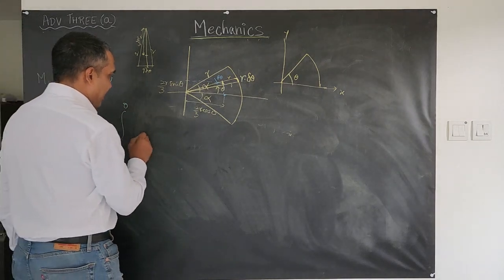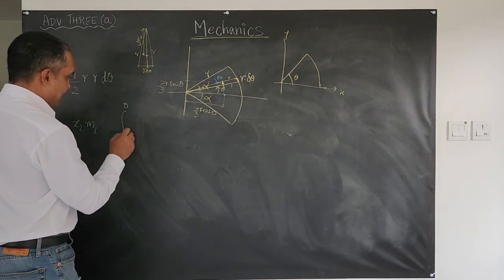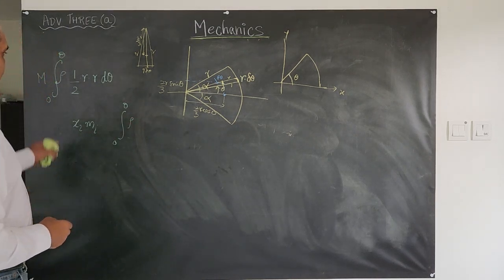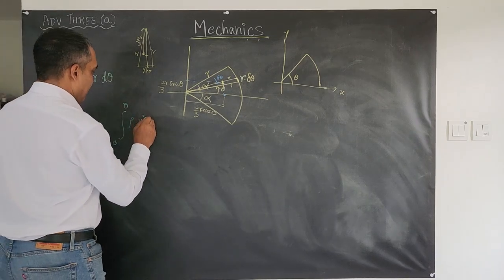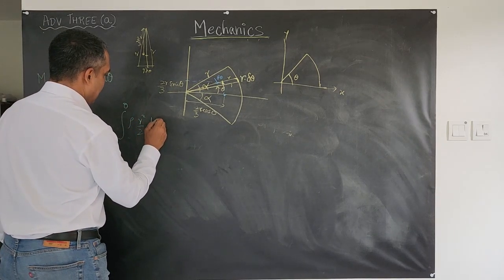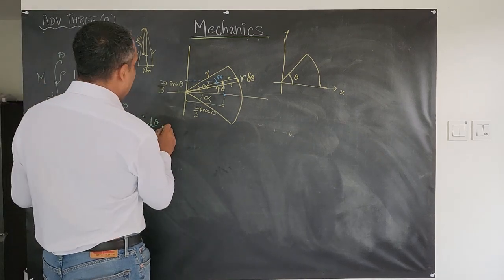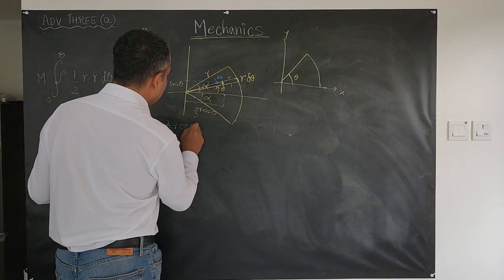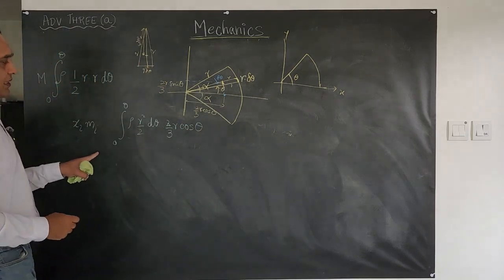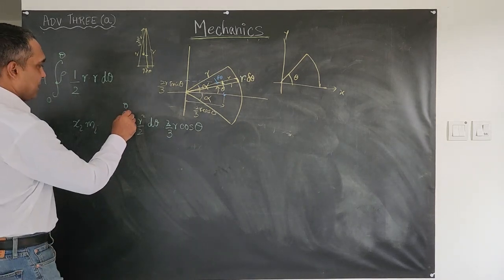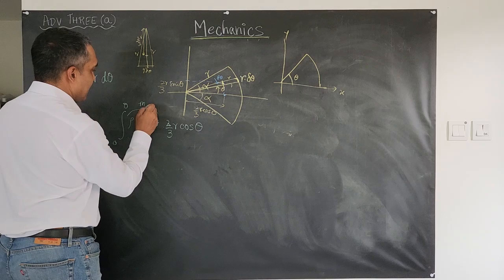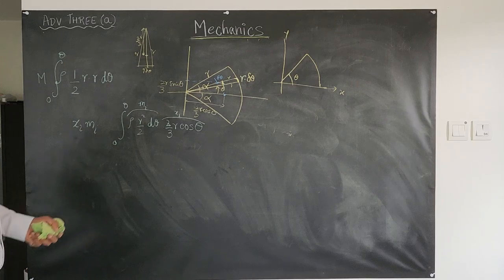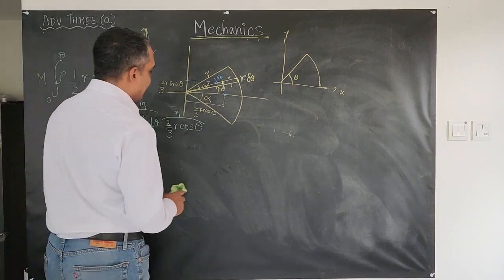And I would define my factors as same thing, mass of this, so it's the tiny rho, the area, r squared by 2, d theta, but the xi this time is nothing but 2 by 3 r cosine theta. So you can see how the integral function has changed here. This is mass, so this is the function, this is the part for mi, and this is the part for xi. And likewise for the sine value, you can write this. Play with it, and I think you'll see what's going on.